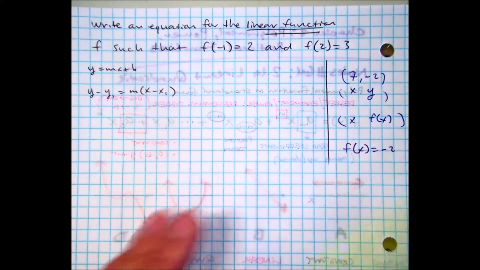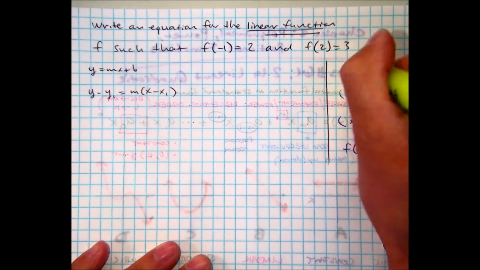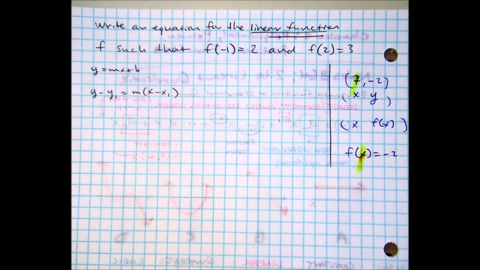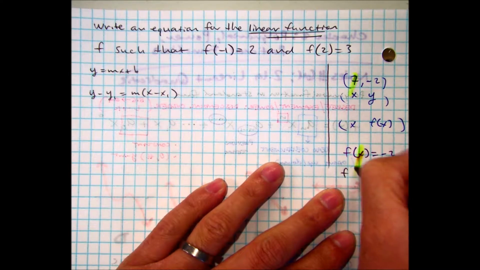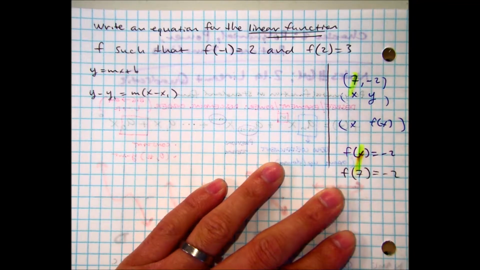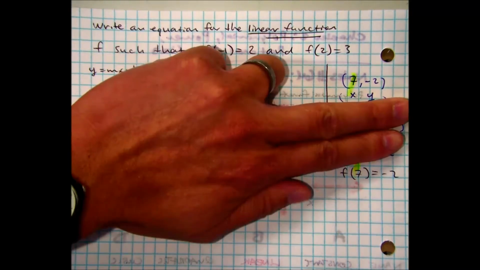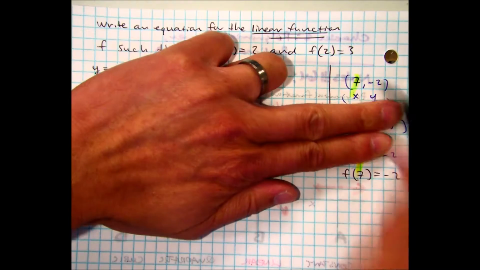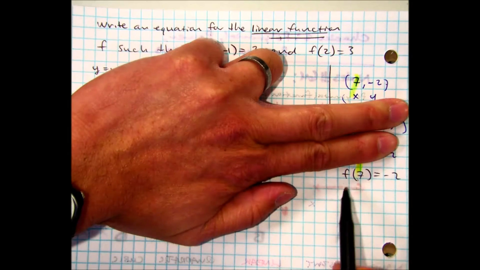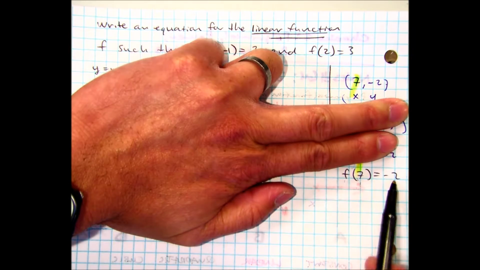And then the x coordinate, you can put it on the inside there. So you can write this as f of 7 equals -2. For the x value, I put in there 7. So 7 comma -2 is the same thing as saying f of 7 equals -2.